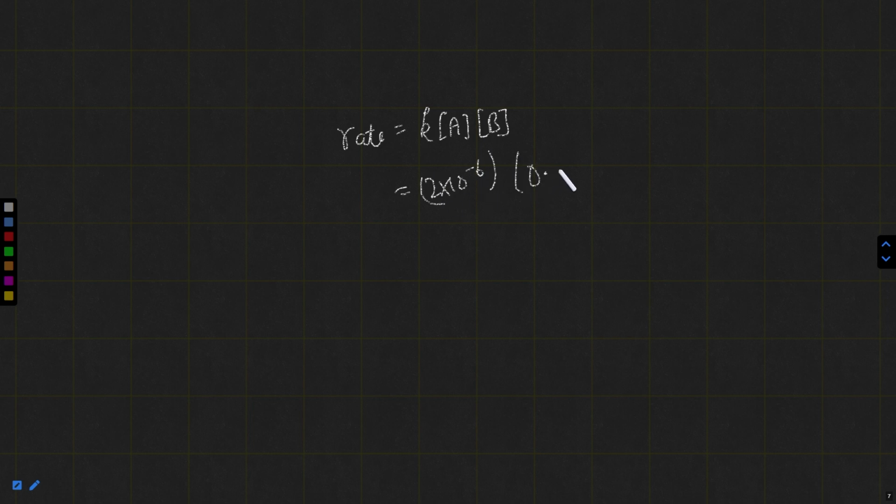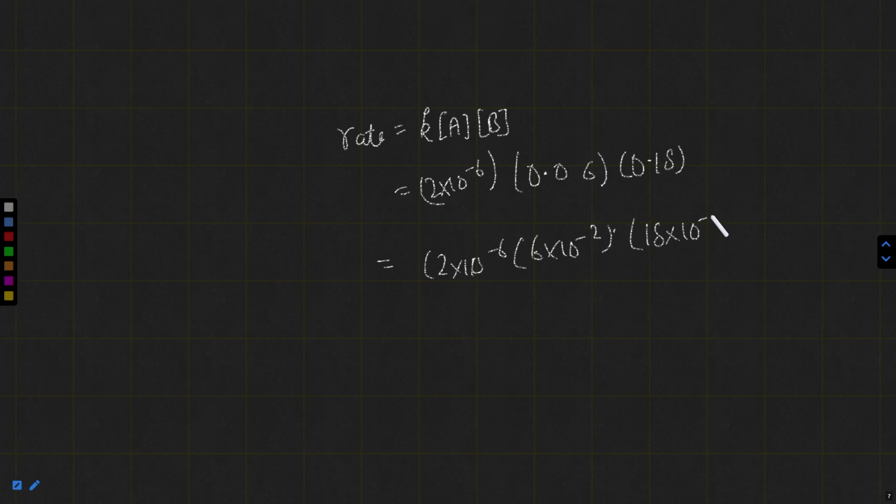A is 0.06 and B is 0.18. What will be the answer? So 6 into 6 is 12. I'm just expanding it again so that we can make the calculation easier. 6 into 10 to the power minus 2. 18 into 10 to the power minus 2.